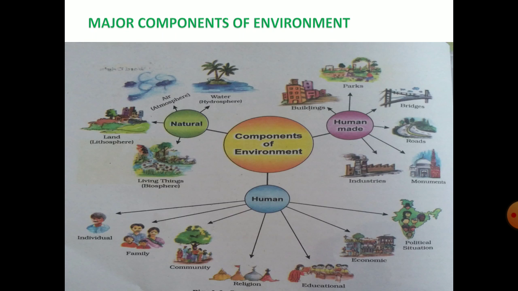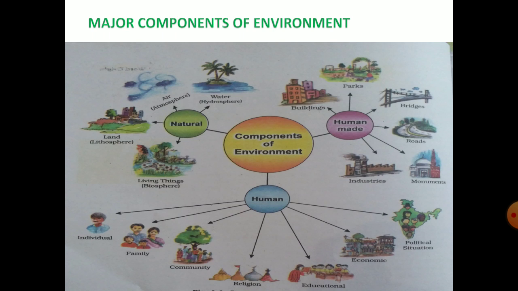And what is human-made? Human-made are buildings, parks, bridges, industries, roads, monuments. So we can find out that the place, people, things, and nature that surround any living organism is called the environment. It is a combination of natural and human-made phenomena.